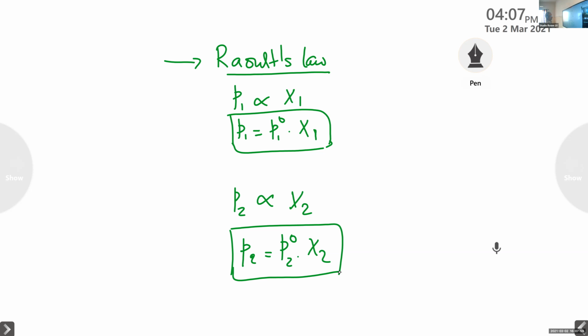According to Raoult's law, the partial vapor pressure of a volatile component is directly proportional to the mole fraction of the component in the solution. Please don't misunderstand: it is the mole fraction of the component in the solution.